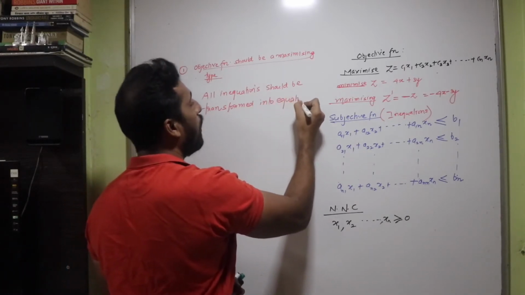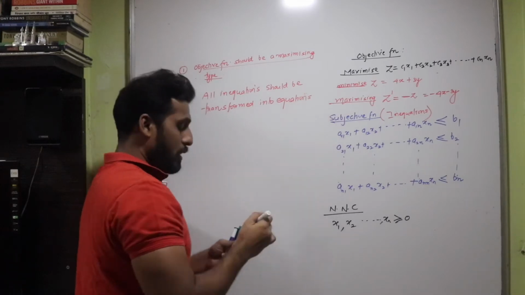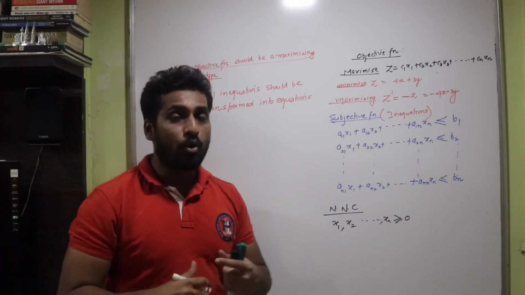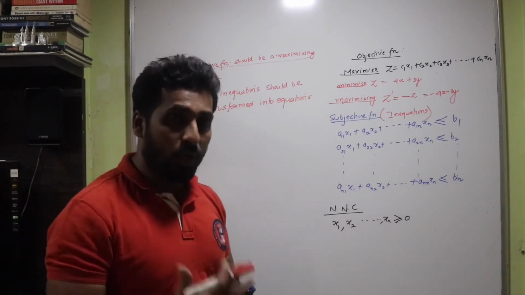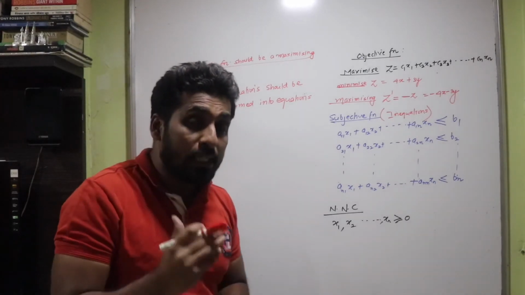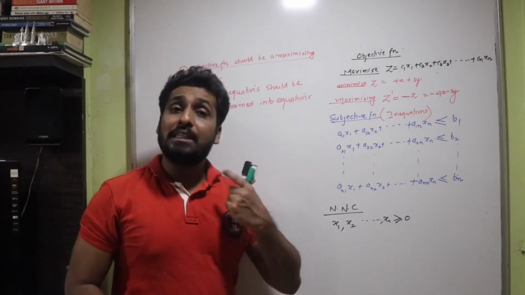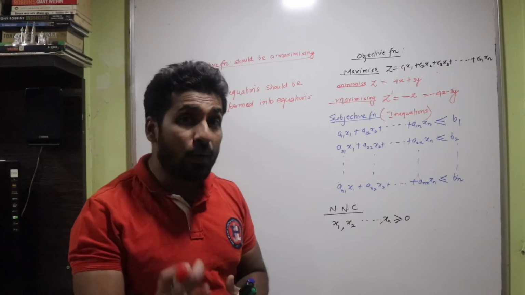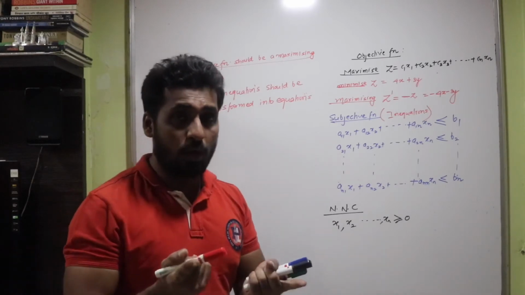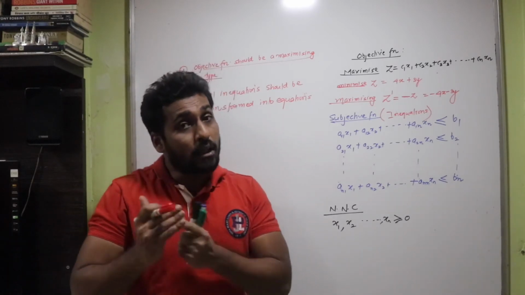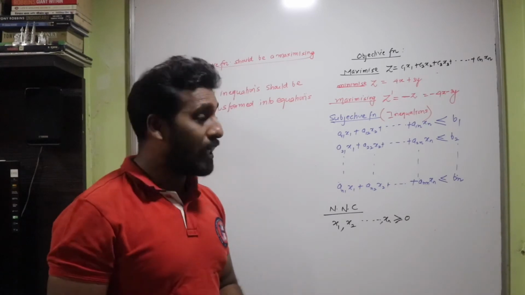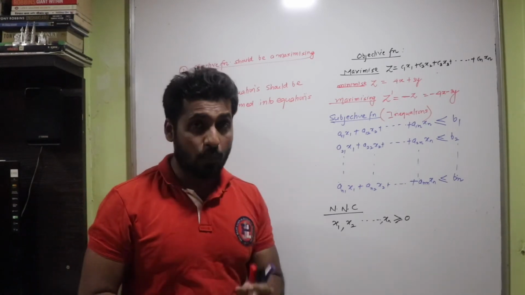Now how am I going to achieve this? All my inequations, I want to transform them into equations. I want to achieve this by introducing something called a slack or a surplus variable. So listen to these words: slack and surplus variable. You want to understand what is a slack variable and what is a surplus variable.